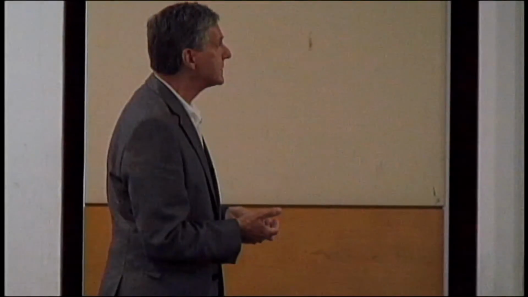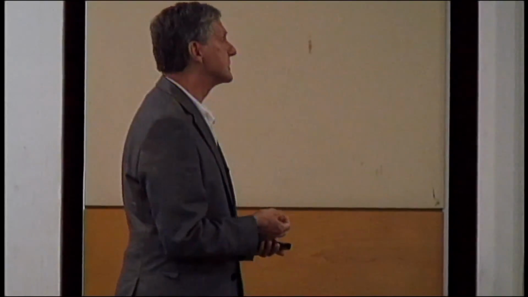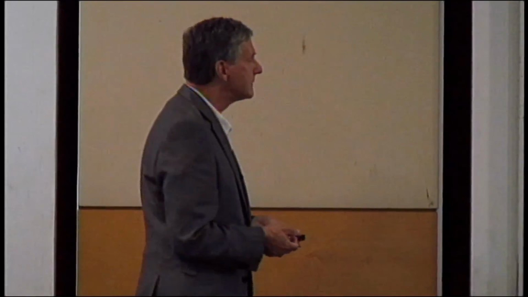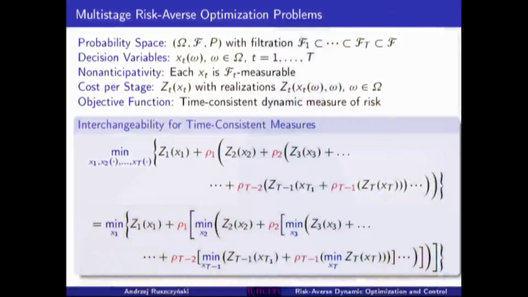They have a structure of such a composition, a nested structure of these one-step conditional risk measures, one-step risk contributions. And they are monotonic and satisfy these conditions that I mentioned before.